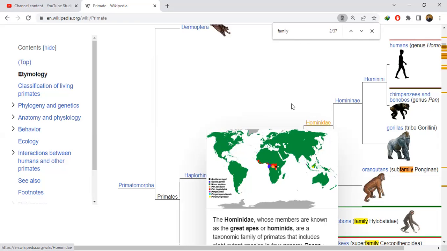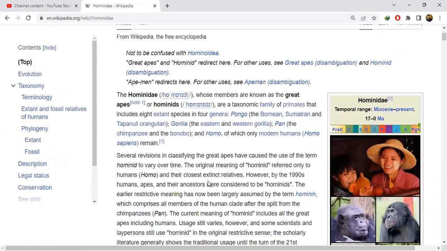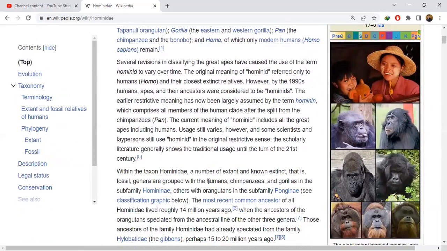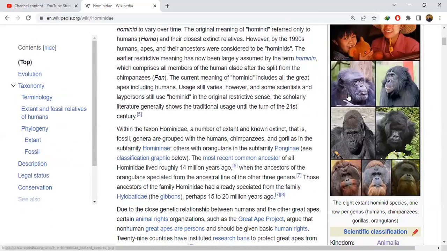We are getting into the family called Hominidae. All these ones are hominids. Can you see the hominids, our relatives? All these are hominids.